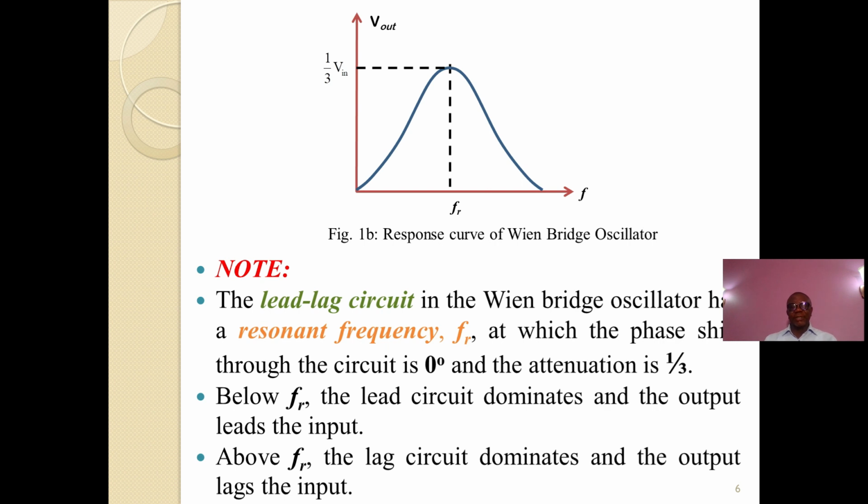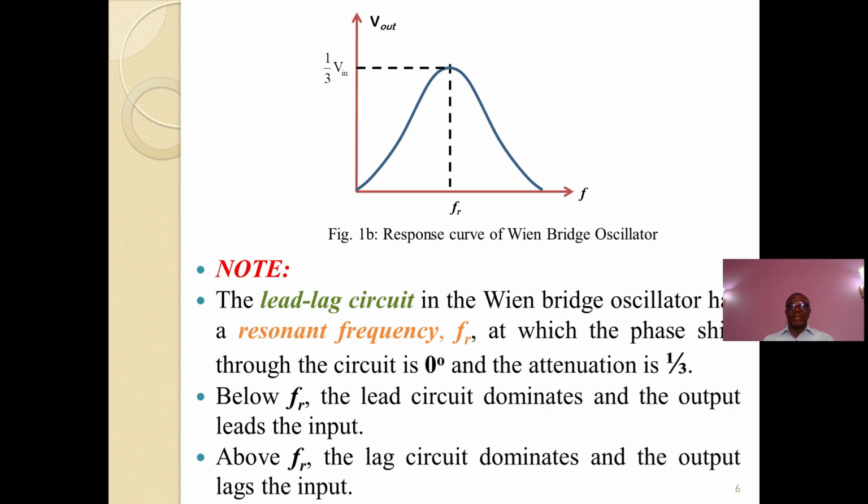In our lecture on oscillations, we made it clear that for oscillation to take place, the net phase shift must be equal to 0 degrees and the attenuation must be equal to 1/3, and at that point the voltage gain will be equal to unity. Those were the two conditions.